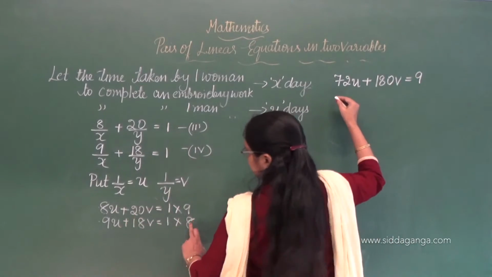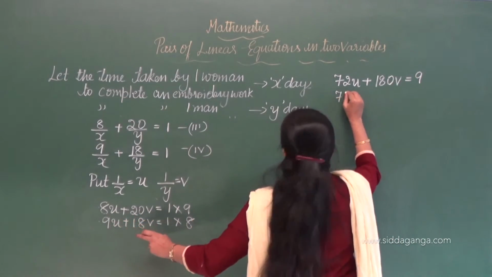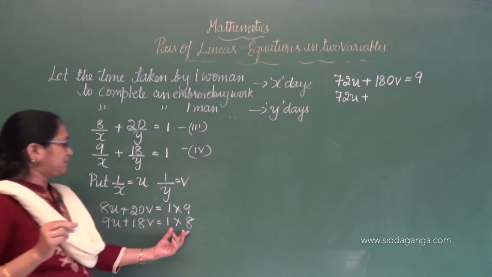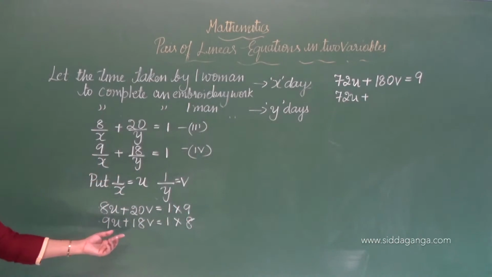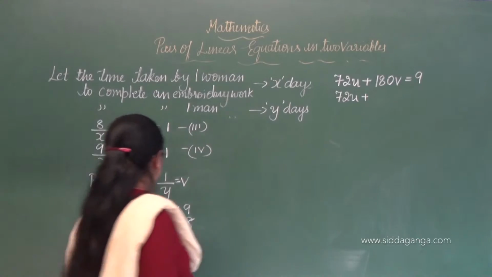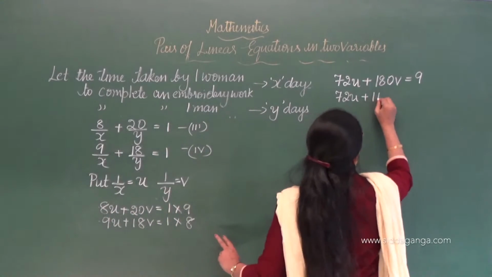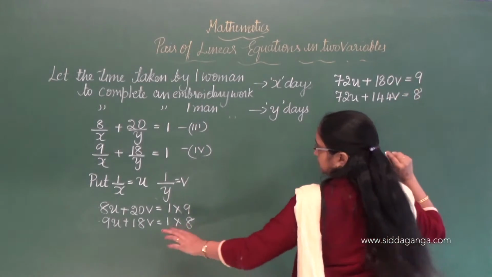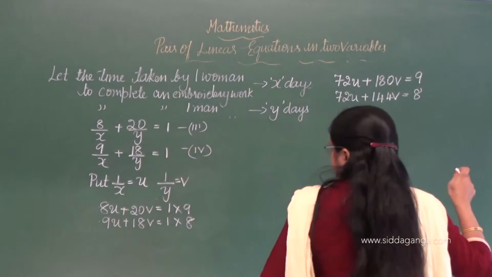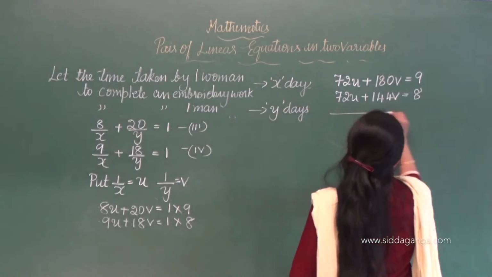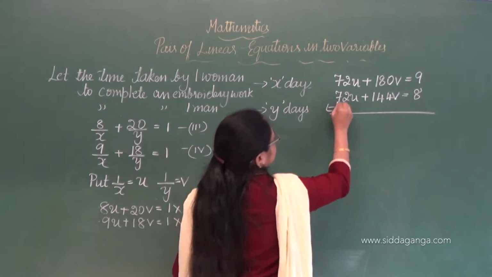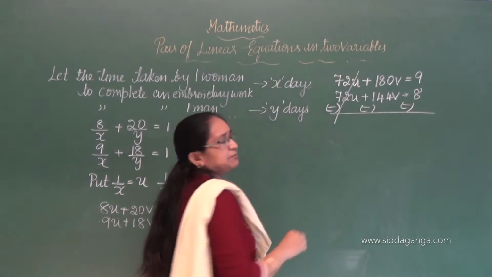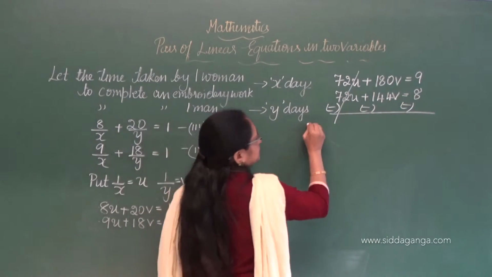Same way here, 8 9s are 72u plus, here again you multiply 18 into 8, which is 144v is equal to 8. Now, just see here, when you subtract, this will get cancelled.